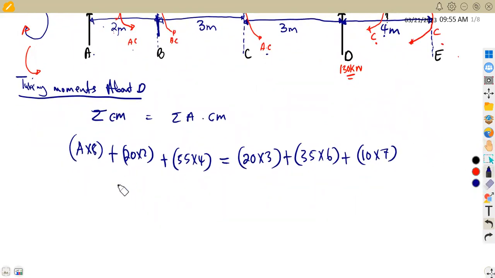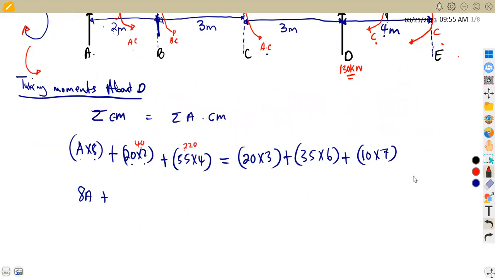Okay, so if you combine everything, A times 8, that is 8A plus 20 times 2. In this case, I want us to combine everything so that at least it can help, because here we are going to have 20 times 2, which is 40, plus, in this case, 220. If you multiply, this will be 220.